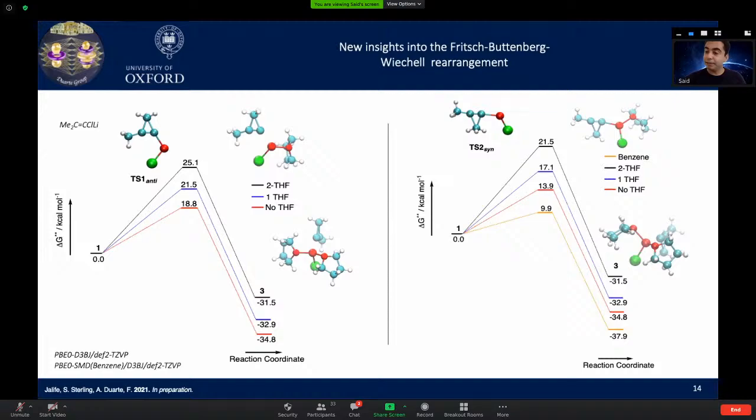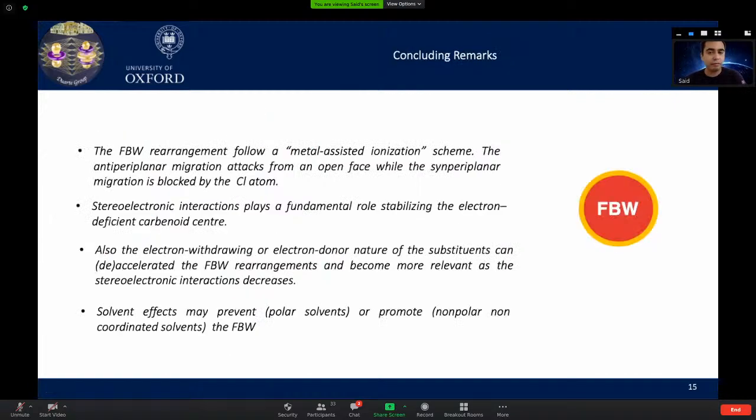So we can extract from now that the FBW rearrangement actually matches with the metal-assisted ionization mechanism proposed for chiral carbenoids, and that the mechanism will depend on whether the beta substituent groups migrate from the open or from the blocked enantiface.